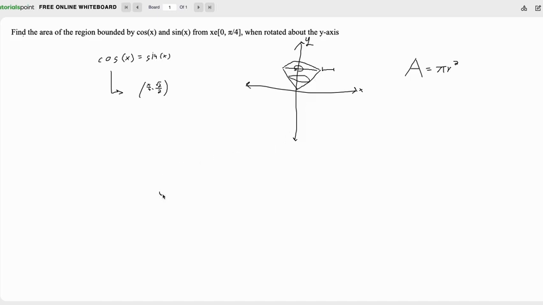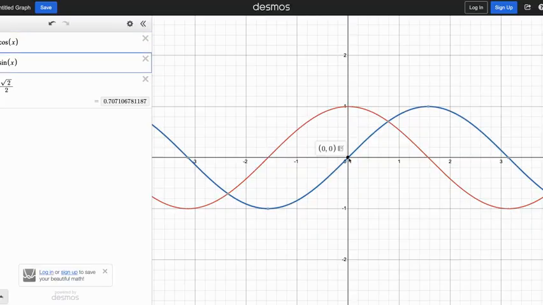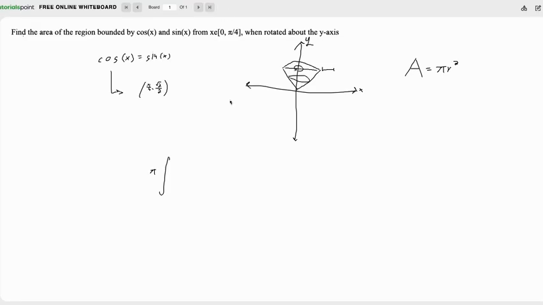Okay, so first I'll write the first integral, which is going to be pi on the outside. And then it's going to be by r squared. The function going from y equals 0 to y equals root 2 over 2 is going to be sine inverse of y. So I'm going to write sine inverse of y. That will give me the output of the x coordinate.